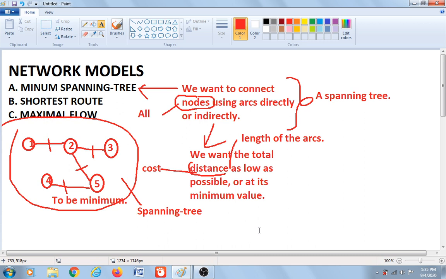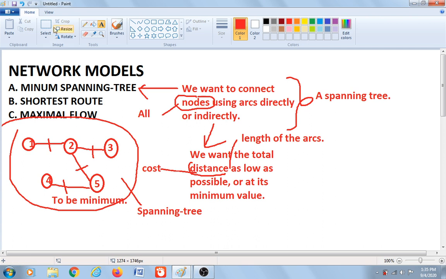Examples of the minimum spanning tree problem in real life can be, for example, we want to develop a network of highways connecting cities, and we want the total distance of the highways that we construct to be minimum.